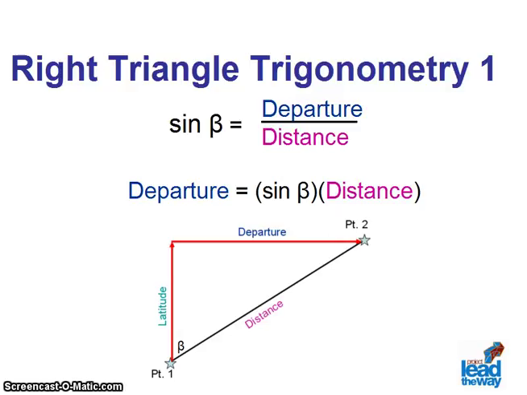Departure. The sine of an angle beta is equal to the opposite side, which we have called the departure, divided by the hypotenuse, or the distance. Therefore, the departure is equal to the sine of beta times the distance between points 1 and 2.